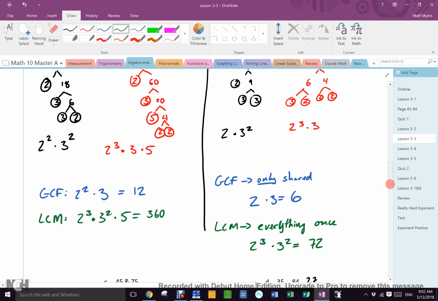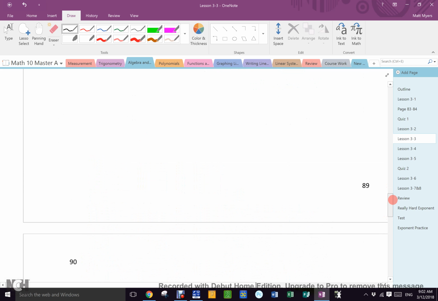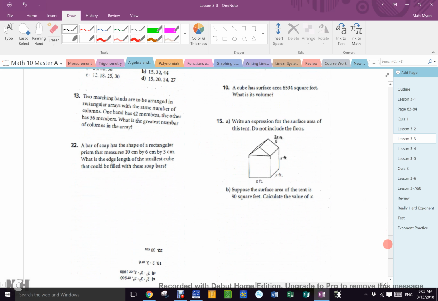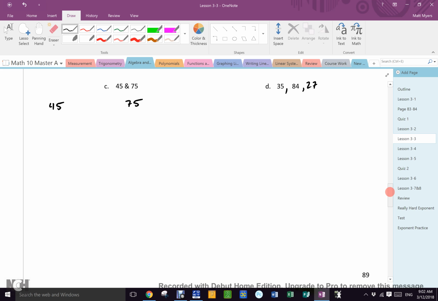All right. Do 45 and 75 by yourself. They both end in 5, so it's a real good number to start dividing by. 5.